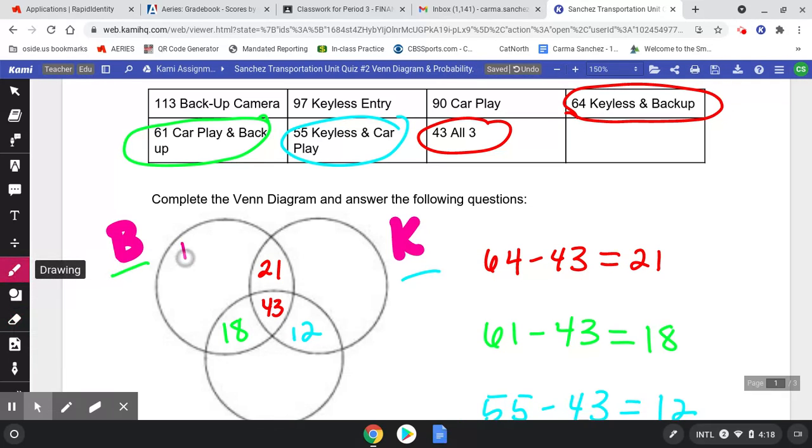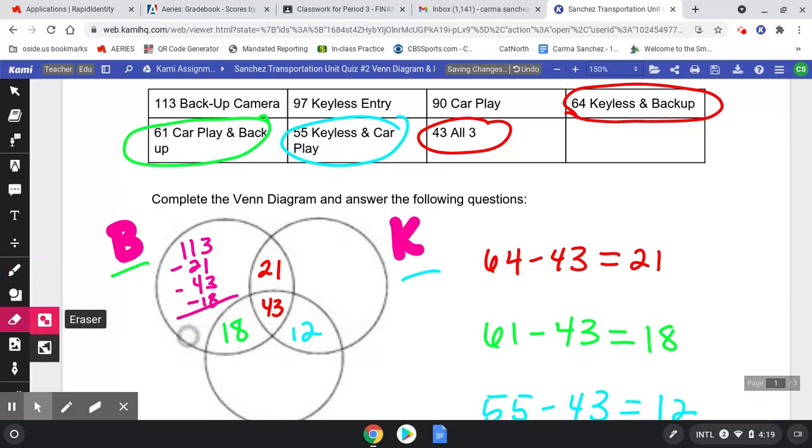So for this one right here, it's 113 backup cam, but you have to subtract the 21 that have already been counted, the 43 that have already been counted, and the 18 that have already been counted. So let me grab a calculator and do that subtraction. So 113 minus 21 minus 43 minus 18. I'm getting 31 that wanted backup cam only.